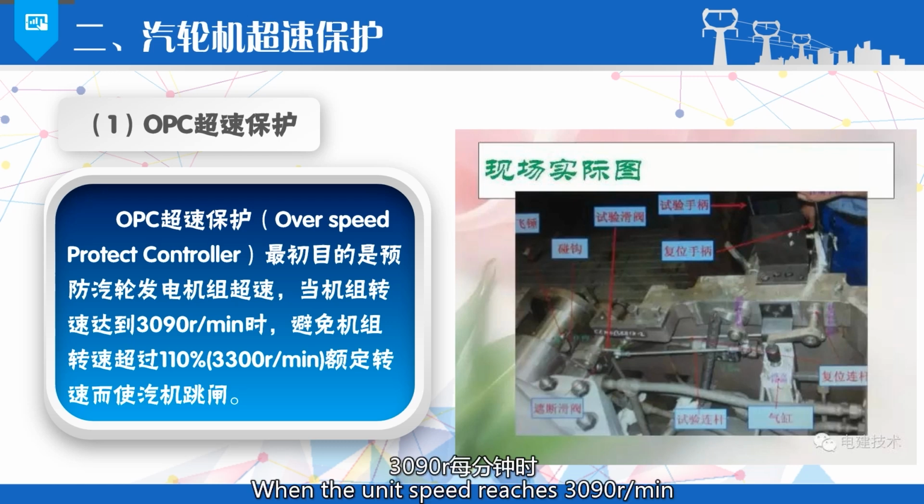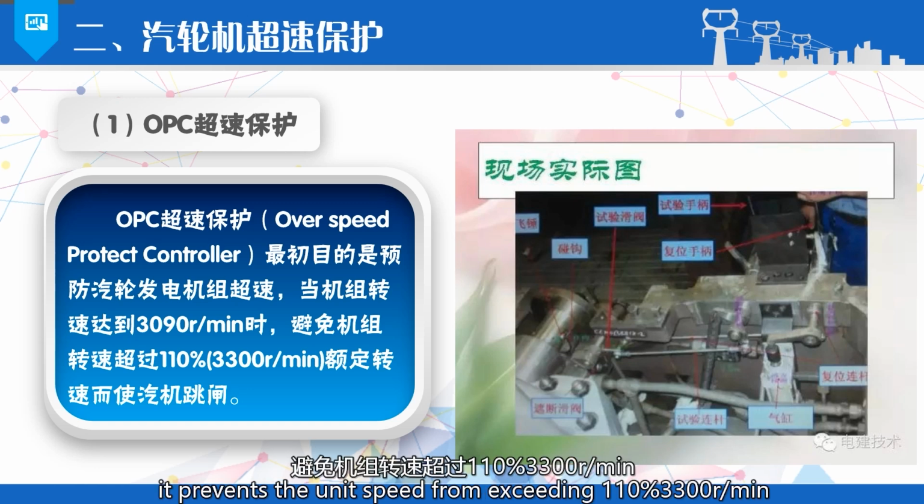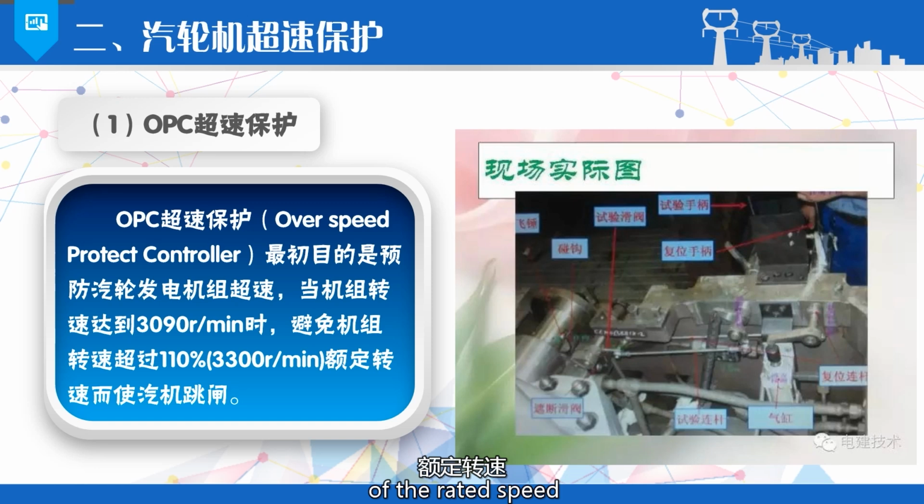When the unit speed reaches 3090 rounds per minute, it prevents the unit speed from exceeding 110% of the rated speed, 3,300 rounds per minute, and causing the steam turbine to trip.